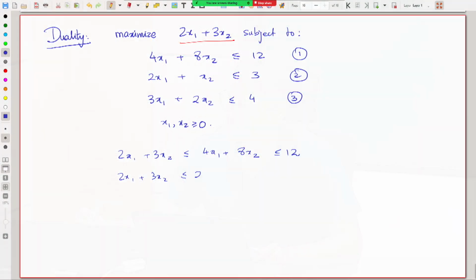Can we do somewhat better than this? 6, because you can divide by 2 and still you will have coefficient-wise inequality. 2x1 plus 3x2 is less than or equal to 2x1 plus 4x2, which is equal to half of 4x1 plus 8x2, which is less than or equal to 6. Can we do a little better?